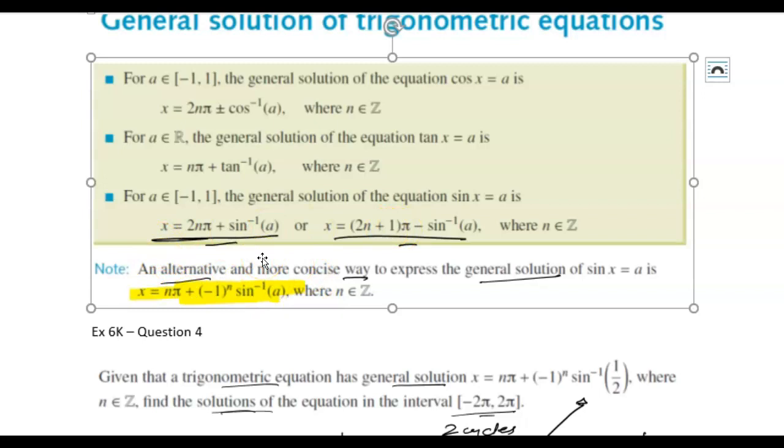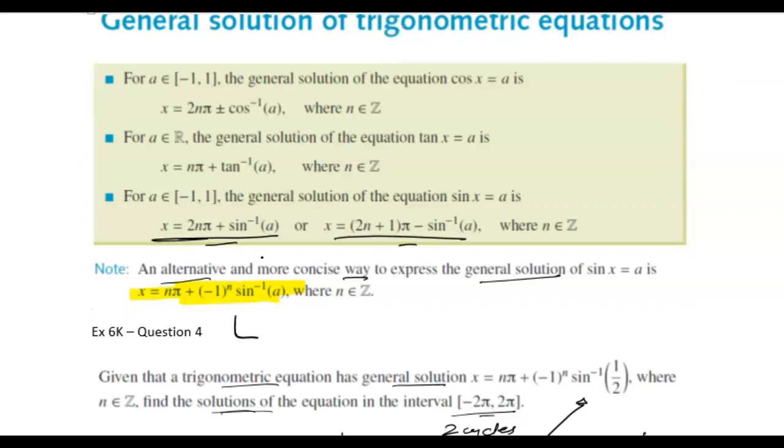The reason being, when we deal with an equation in this particular format, when the value for n is an odd number, the solution is simply going to look like n pi. Now minus 1 to the power of any odd number is going to be a negative 1, which means take away sine inverse of a.